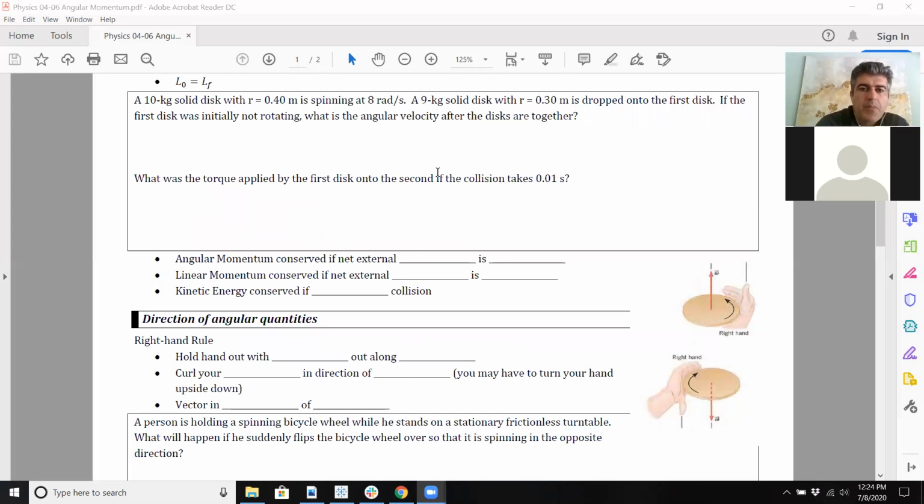Remember, a disk is like this right here, and that's still a solid cylinder. So again, you're going to have disk 1, and we're going to want to calculate each of their inertias.